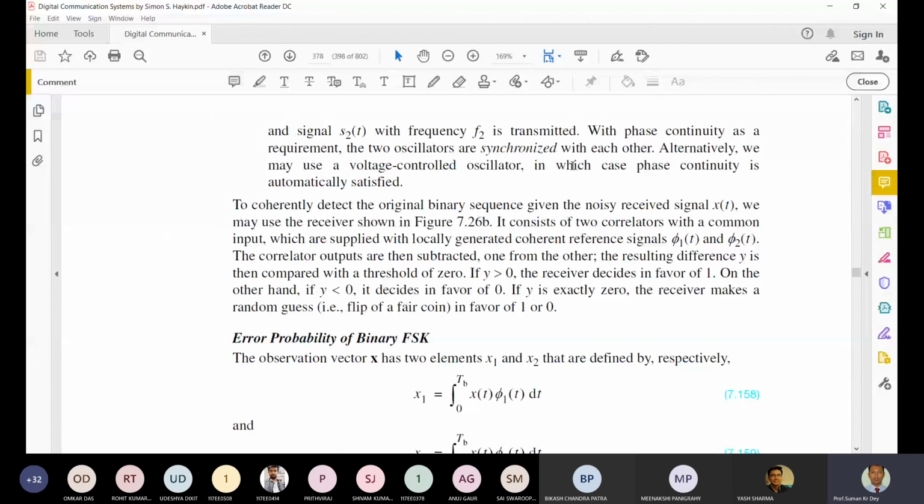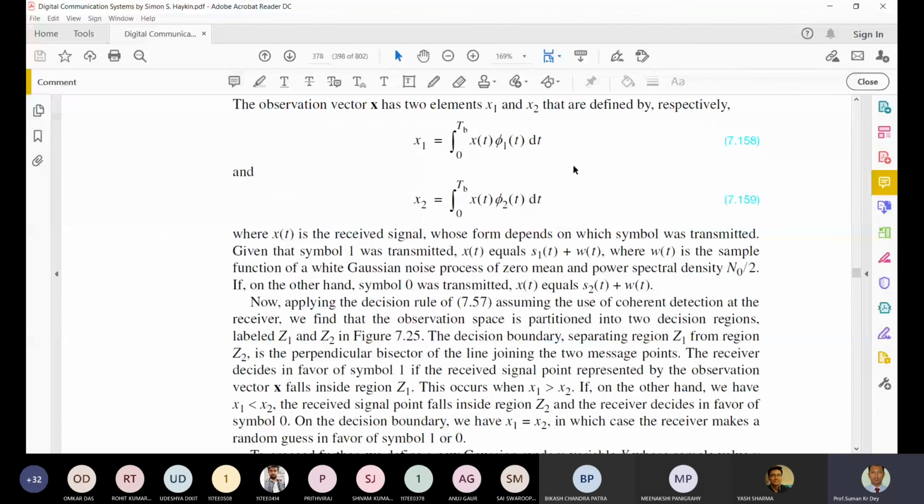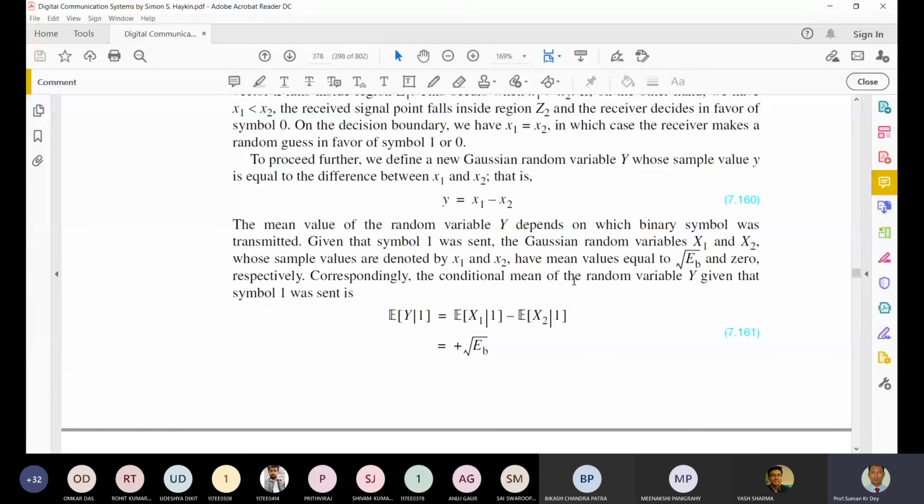Now we put the random variable in the conditional probability.